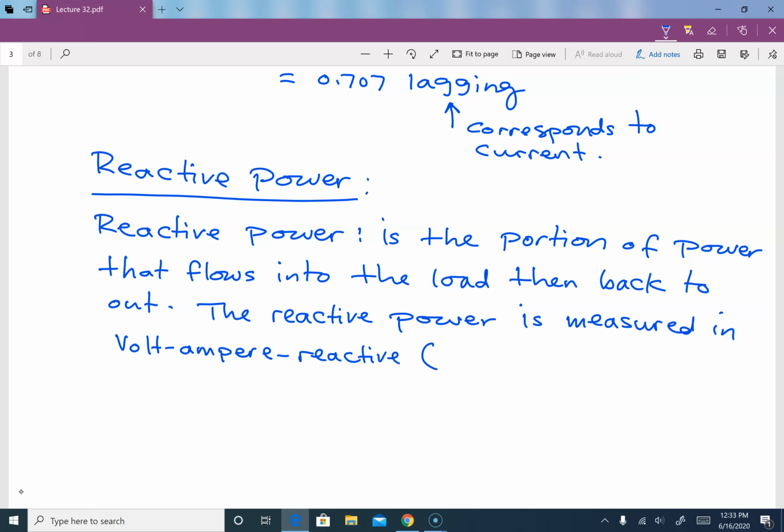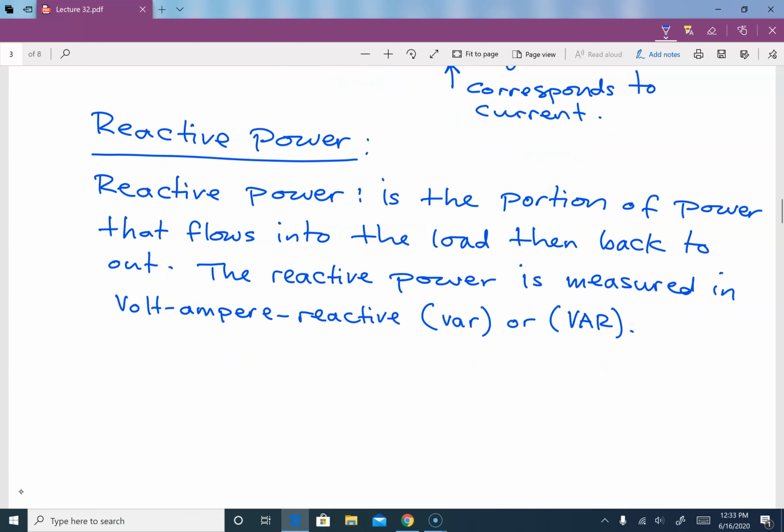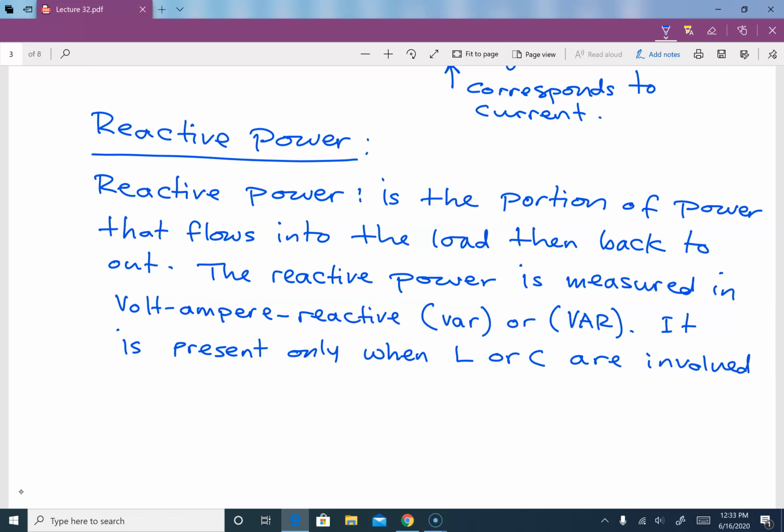So you can use var or uppercase VAR, and it is present only when L or C are involved in the circuit.